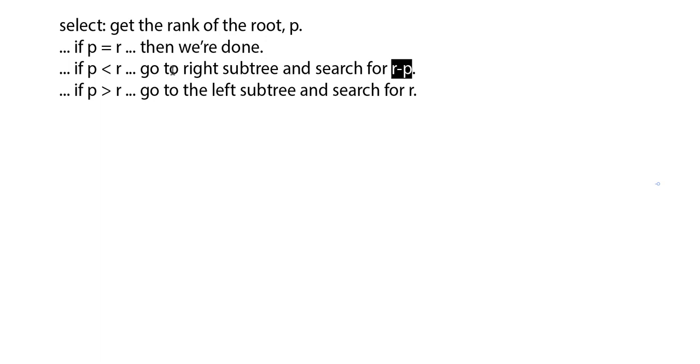So we will not get any difference if we just go to the right subtree and search for R. That's why we need to search for R minus P instead.